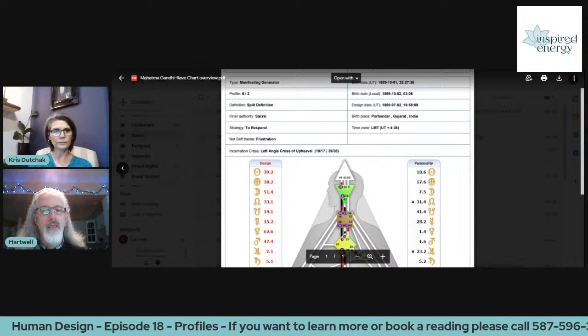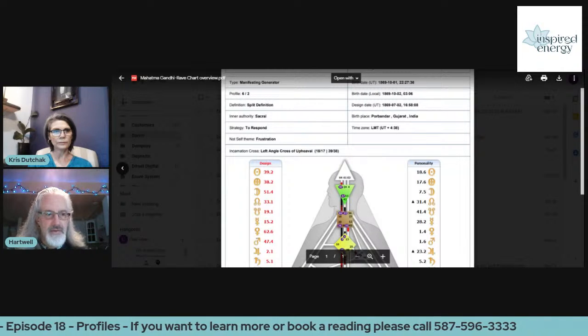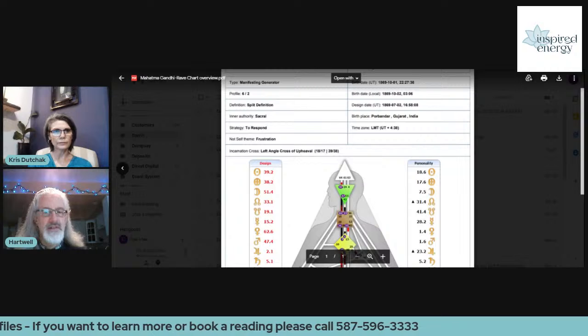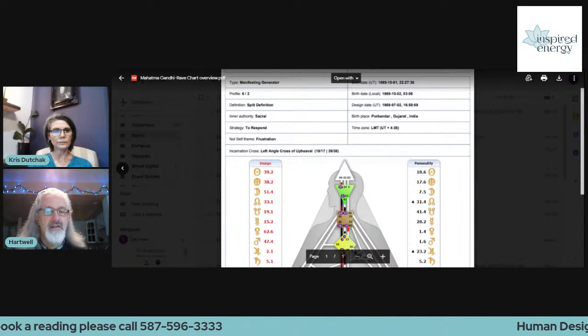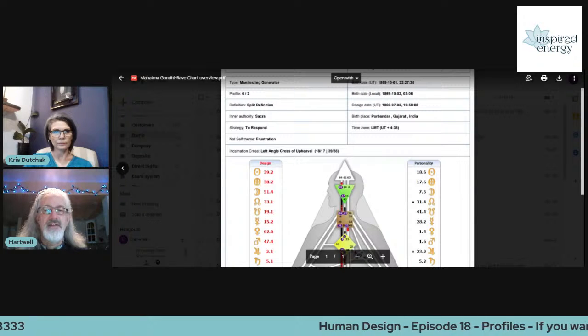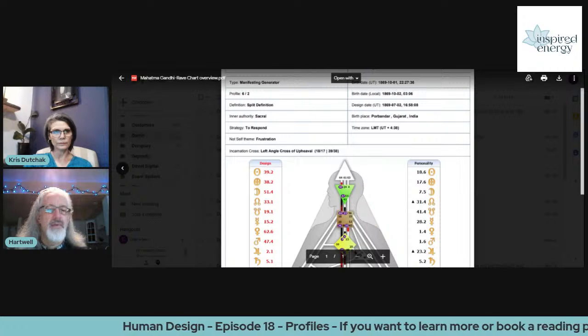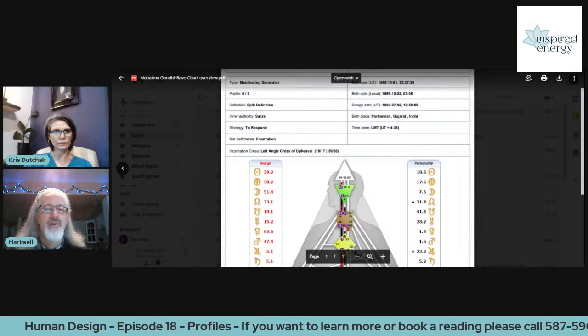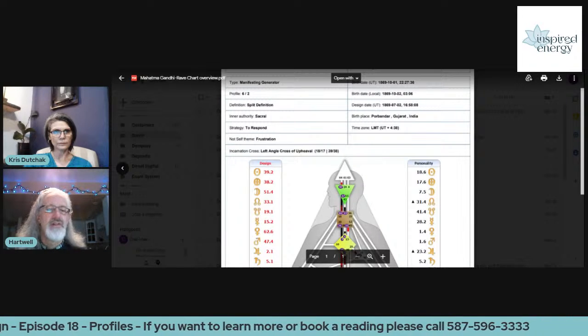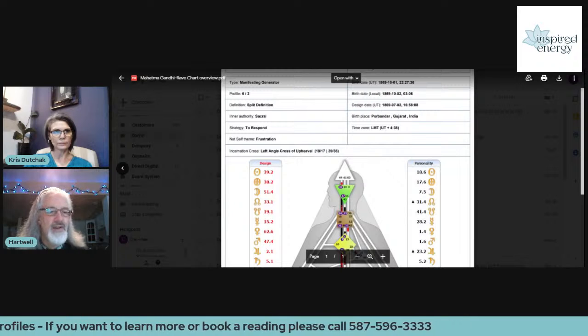Those are the two strongest and most powerful influences, so those gate numbers are very important. On the right-hand side, gate 18 line 6, gate 17 line 6, and on the other side, on the top of the design column, 39 line 2, 38 line 2. Sorry, I misspoke. It's not 0.2, it's line 2.